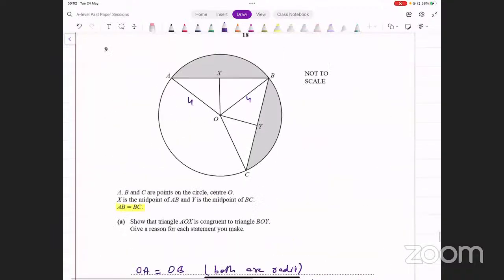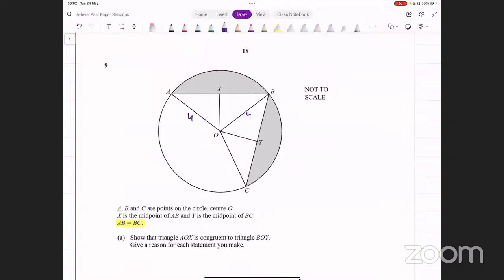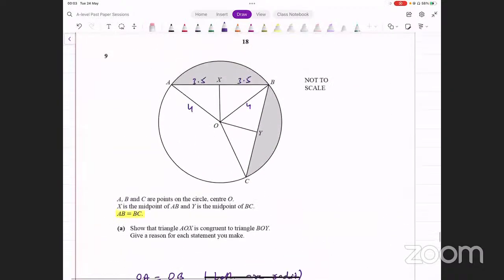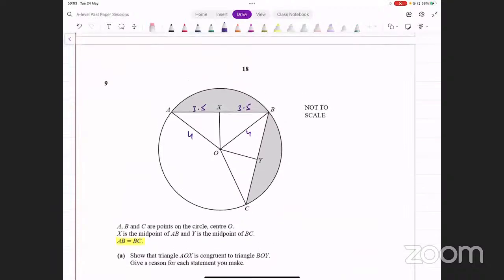AB is 7. Okay, AB, this whole length is 7. ये पूरी length 7 होने का मतलब क्या है? This is 3.5 and this is 3.5. Okay, X midpoint. What we want is the angle BOA. So we're interested in this angle. BOA, ये वाला angle चाहिए.